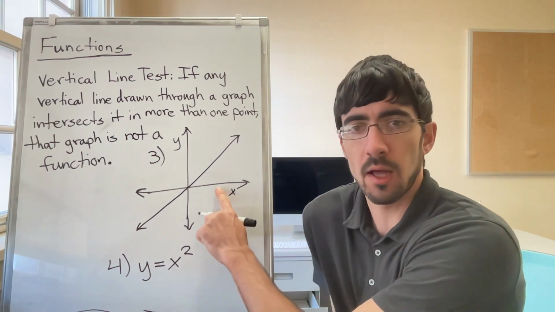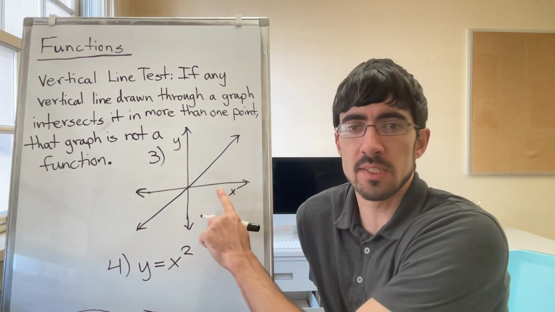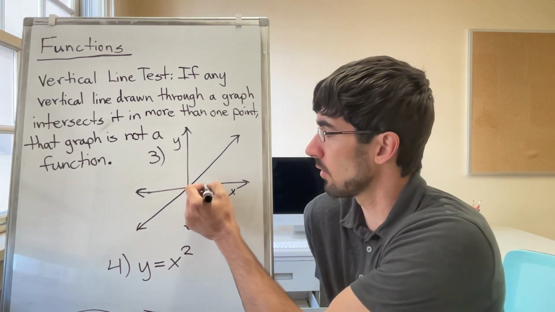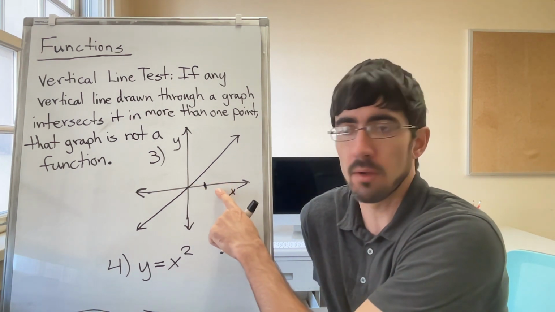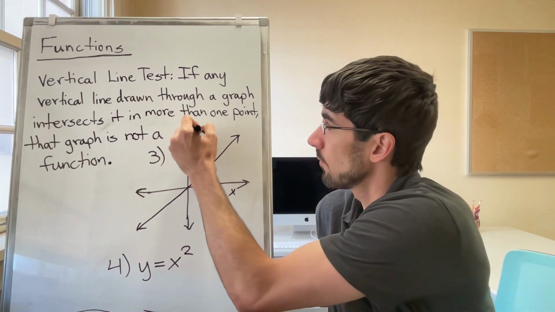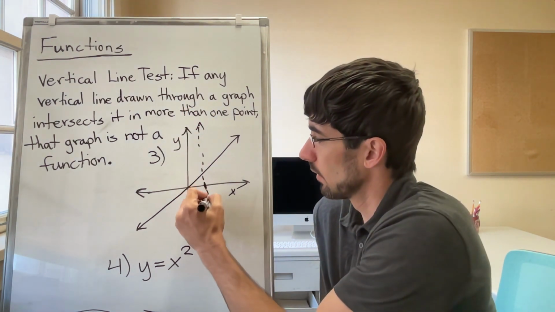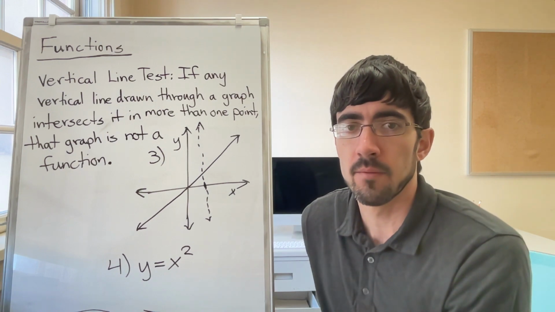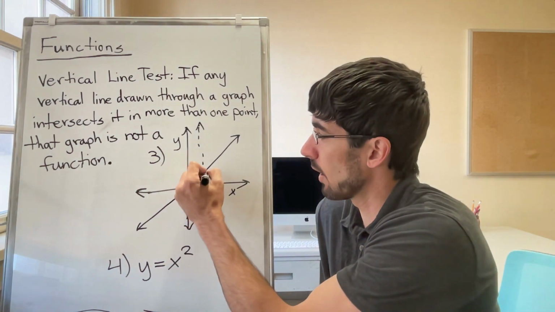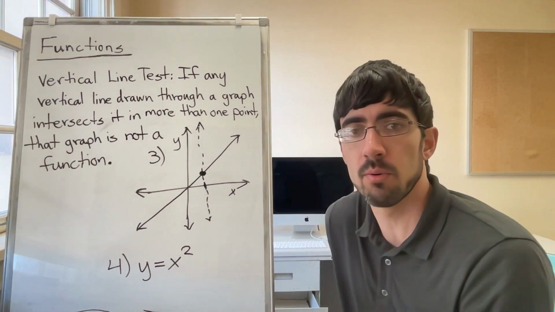A vertical line on a graph represents a specific x value or a domain value. For example, if I draw a vertical line through x equals 1, that goes along with the domain value of 1. Now that vertical line crosses the graph in exactly one point right there.